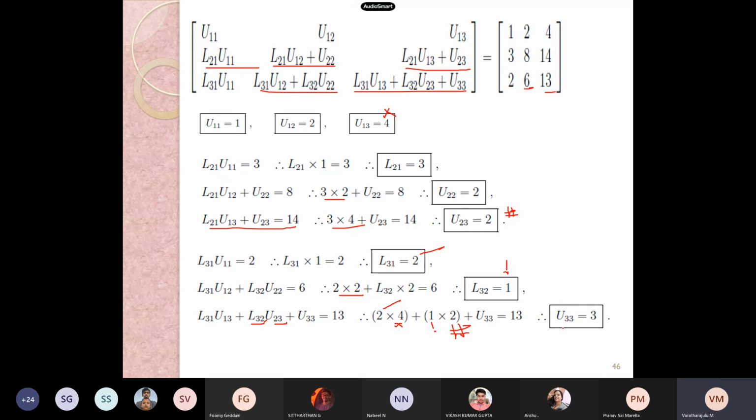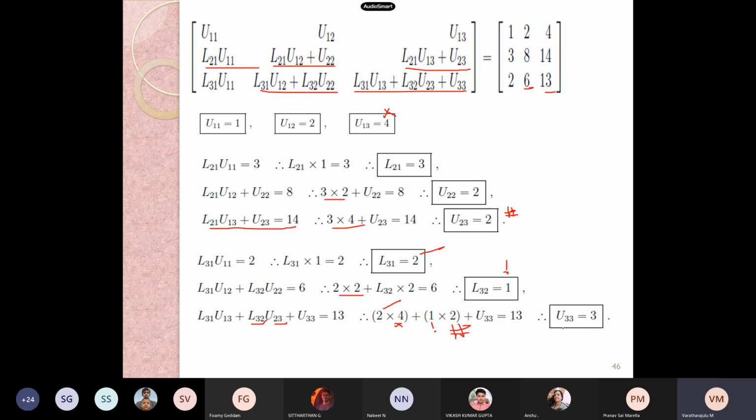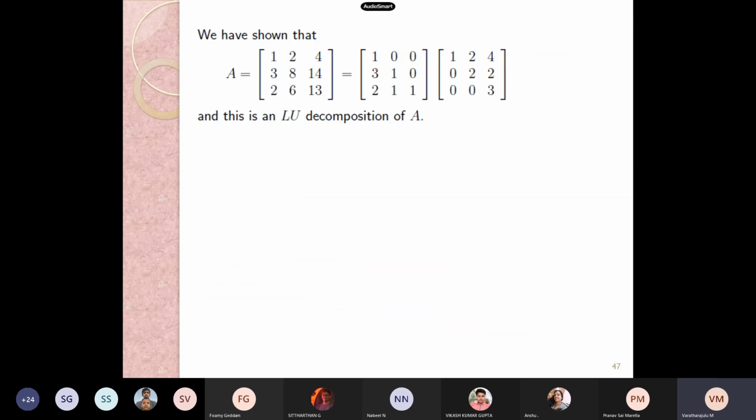What we did: we divided A into two different matrices, and there are many unknowns in the lower triangular matrix and upper triangular matrix. By equating A with the lower triangular and upper triangular matrices, we calculated various unknowns in terms of U and L. So these are the various U and L. Second row, first column, L21, and here L31, L32, L33.